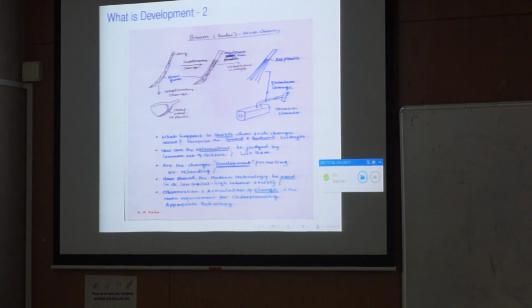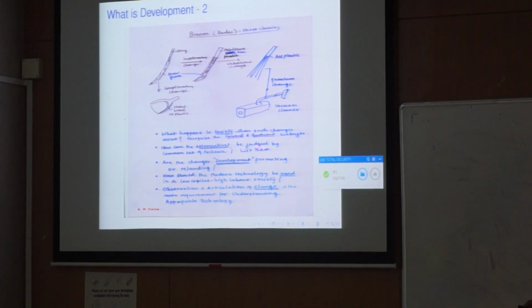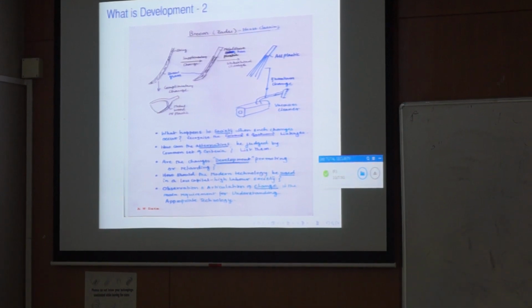The material basis of it has changed. And then you have this. This is called a vacuum cleaner. This I call super substitutional change. For home cleaning.